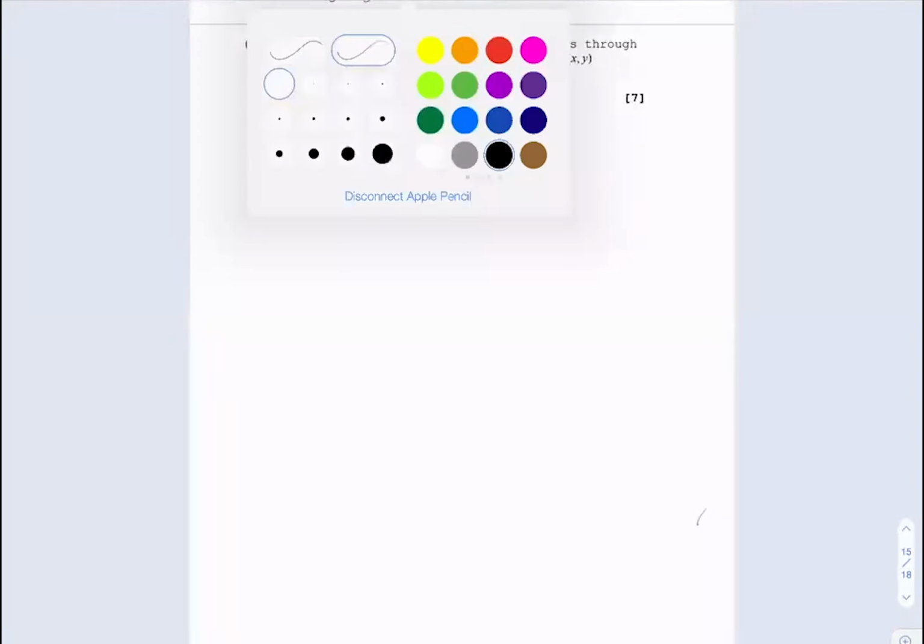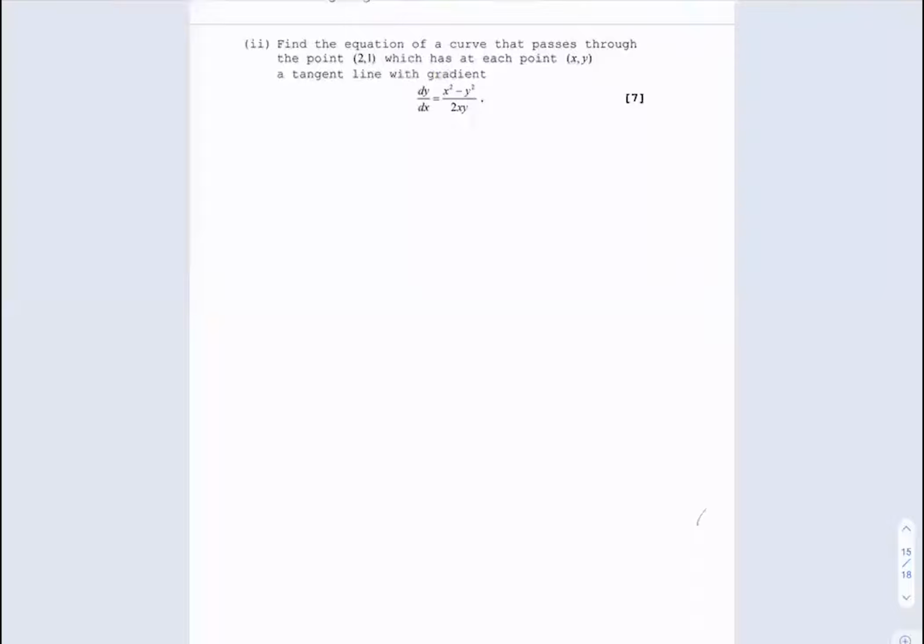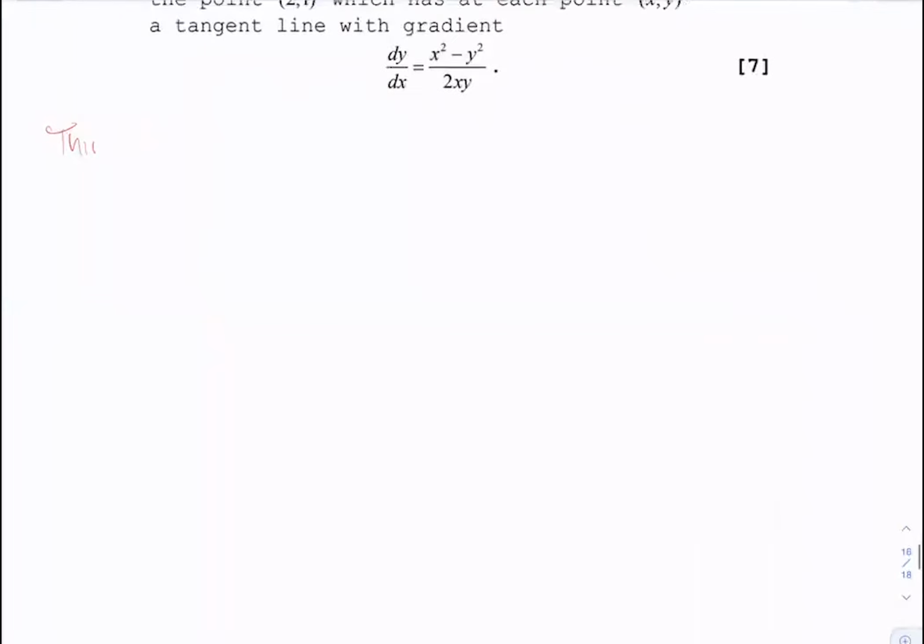Now, of particular importance, guys, we need to be able to recognize that this differential equation is a homogeneous differential equation. How do we know when a differential equation is a homogeneous differential equation?